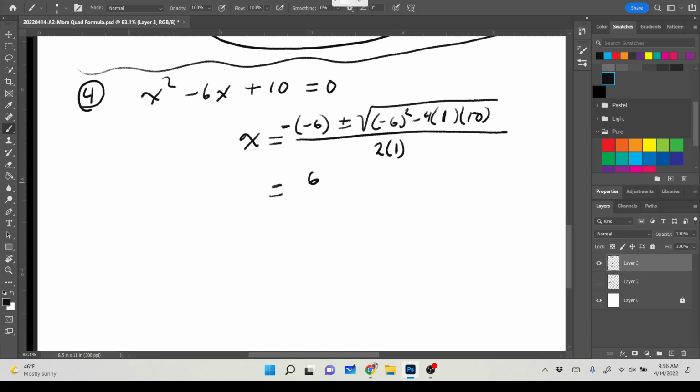Now, when we walk this down, the opposite of negative 6 is positive 6, right? Plus or minus the square root of negative 6 squared. What's 6 times 6? 36.